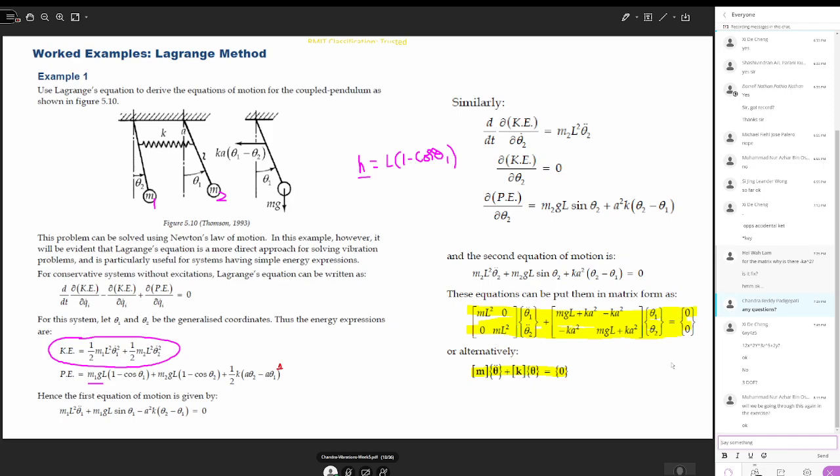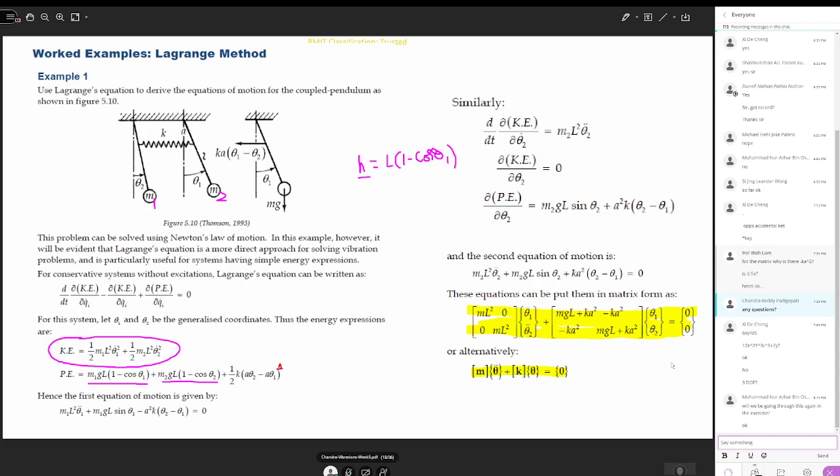So the potential energy due to the weight m1g will be m1g into L into 1 minus cos theta 1. Similarly for the other mass, it will be m2g L into 1 minus cos theta 2. For the spring, it is half k x square.